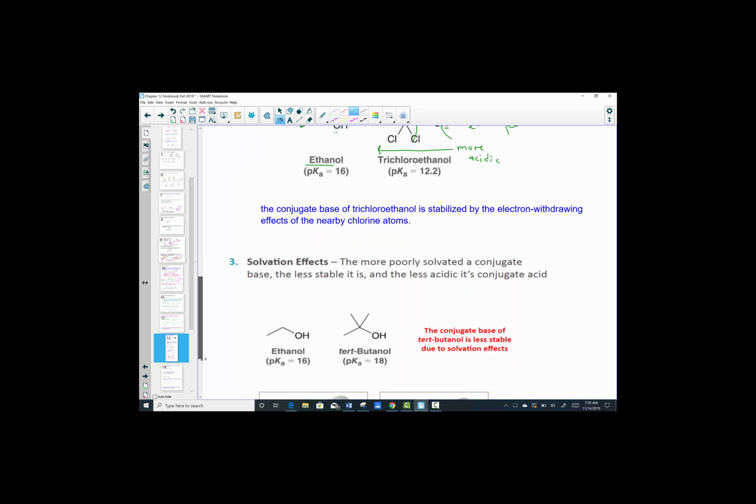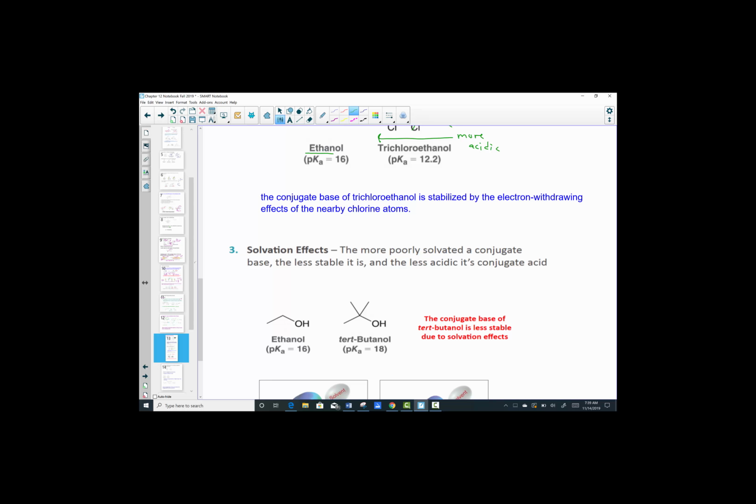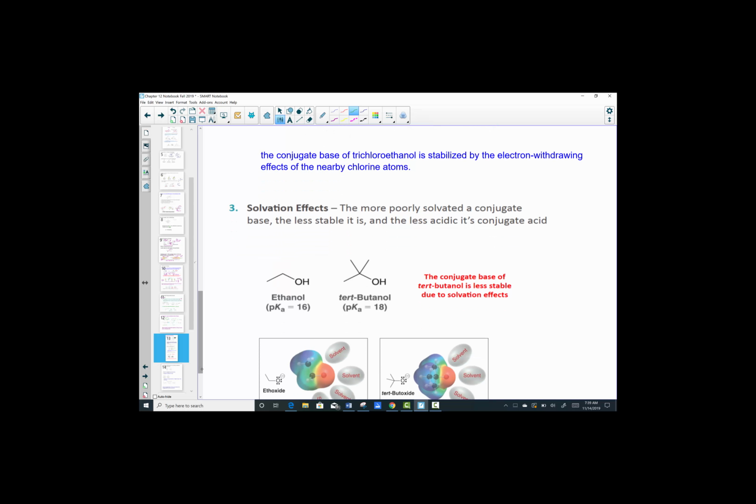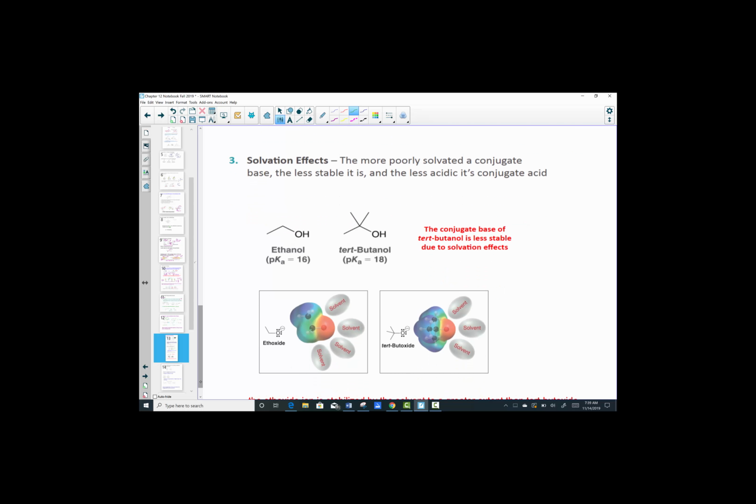And the third is solvation effects. Solvation effects, in other words, when we add a solvent, can it help to stabilize the negative ion? And I found a picture from your text that helps to visualize solvation. Now, solvation is just really the ability of the solvent to move around the actual anion to help create stability.